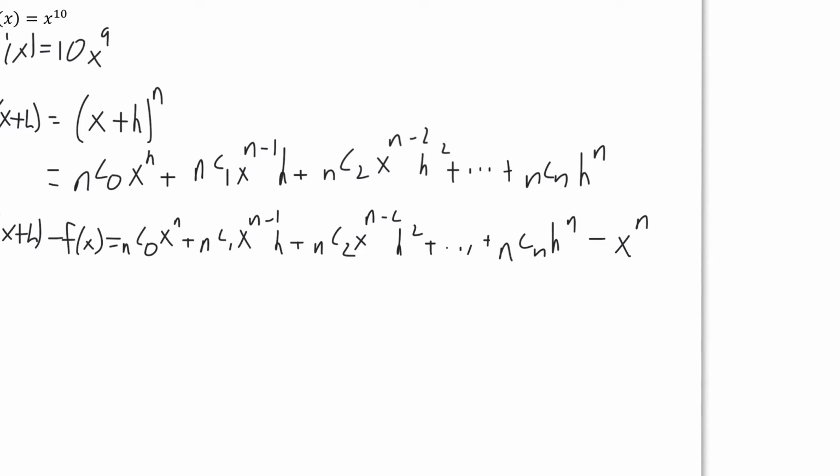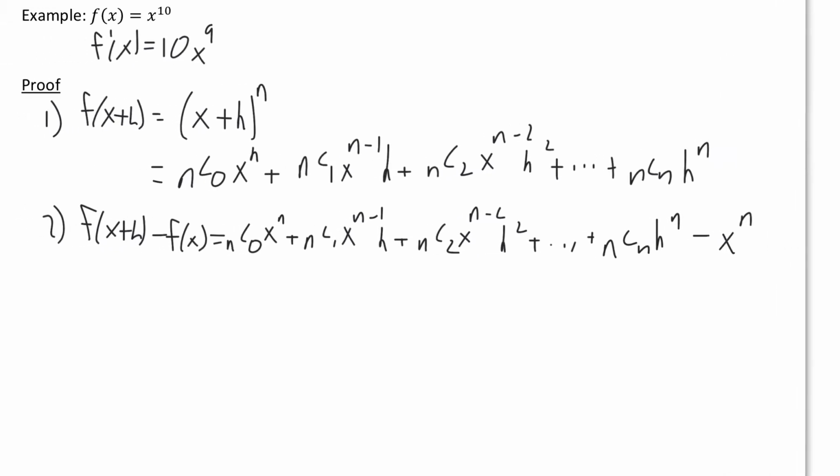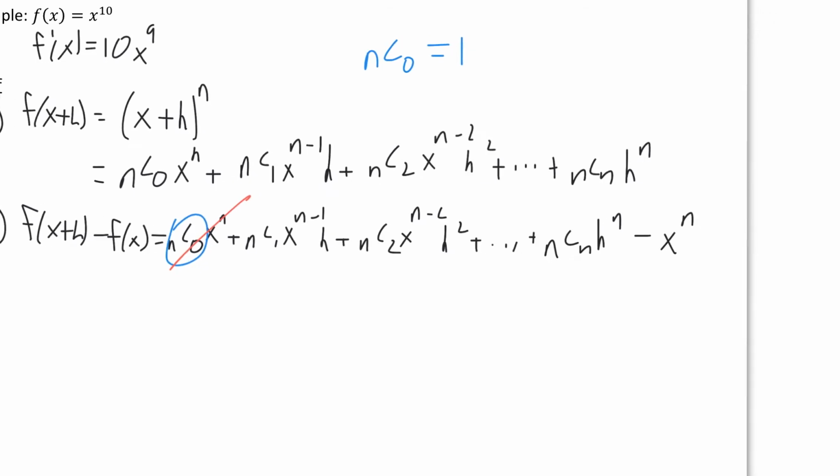And hopefully you see that that cancels because this first term here, nC0, is equal to just 1. If you remember from Pascal's triangle, or if you were to calculate this using the formula, nC0, if you have n things and you choose 0 of them, there's only one way to do that. So this is 1 x to the n. And at the end, we also have 1 x to the n. So those are going to cancel out.